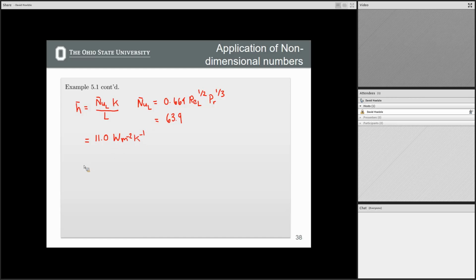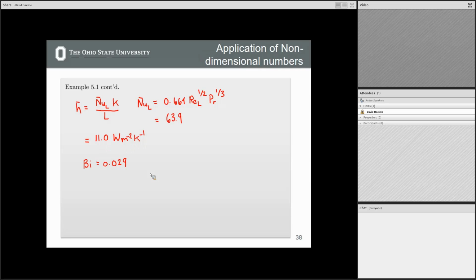Then we throw this all into the Biot number, and it gives us 0.029. Again, the Biot number is the ratio of convective heat transfer to conductive heat transfer at a surface. So we're saying that the convective heat transfer is about 3% of the conductive heat transfer at this point.